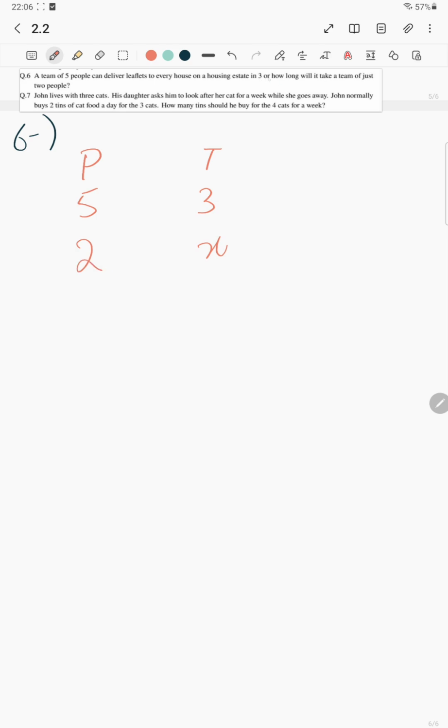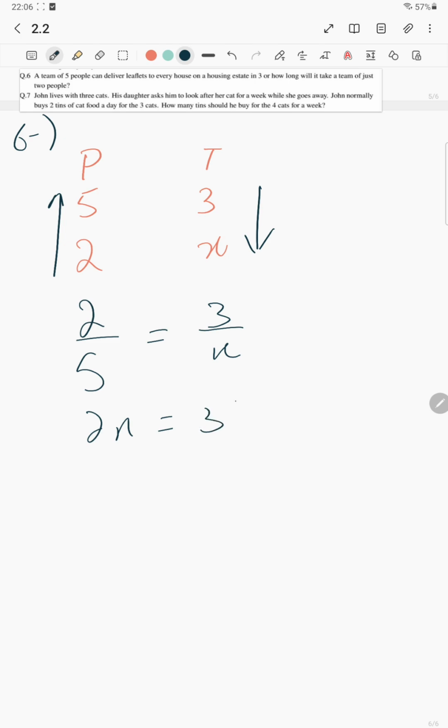Okay, so if you have more people, it will take less time. If we have fewer people, it will take more time. So 2 by 5 is equal to 3 by x. 2x is equal to 3 into 5. x is equal to 15 by 2, which is equal to 7.5, hours or whatever the unit is.